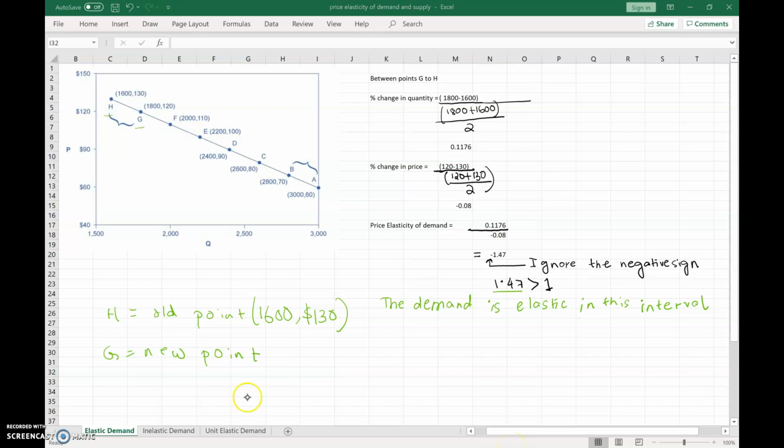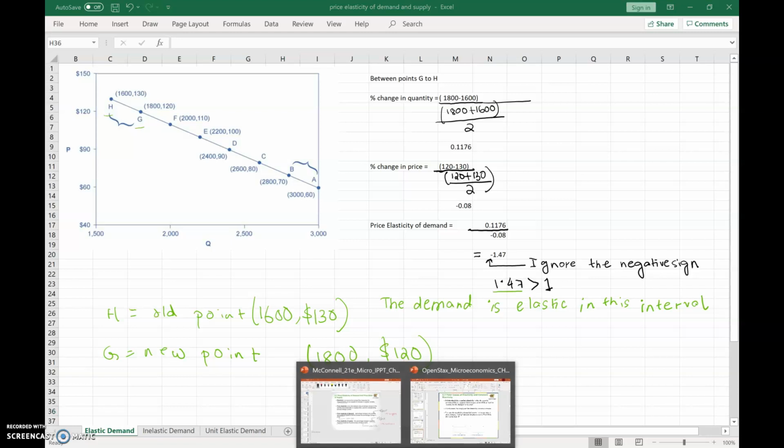Now if I look at point G, the quantity is 1800 and the price is $120.